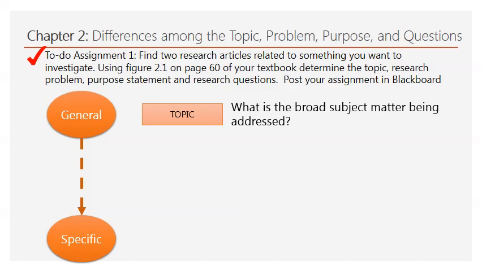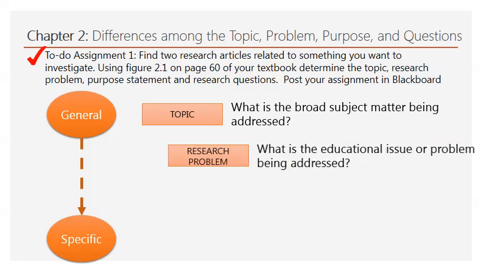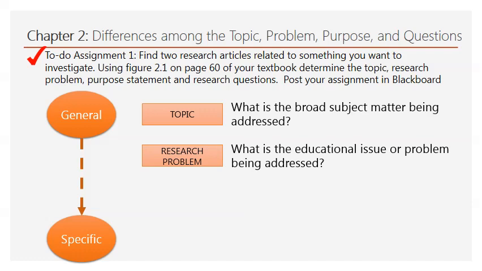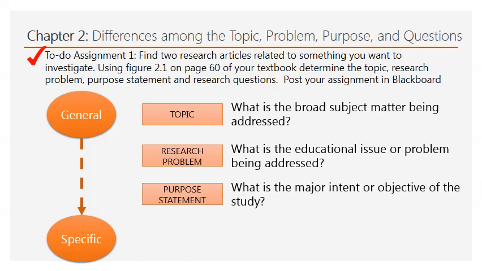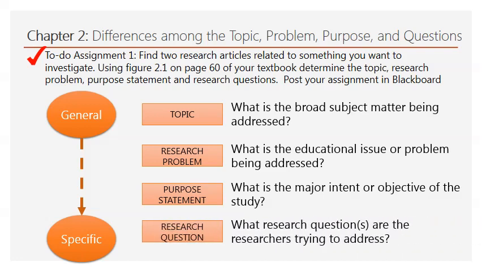What is the broad subject matter being addressed? The research problem. What is the educational issue or problem being addressed? The purpose statement. What is the major intent or objective of the study? And the research question. What research question or questions are the researchers trying to investigate?